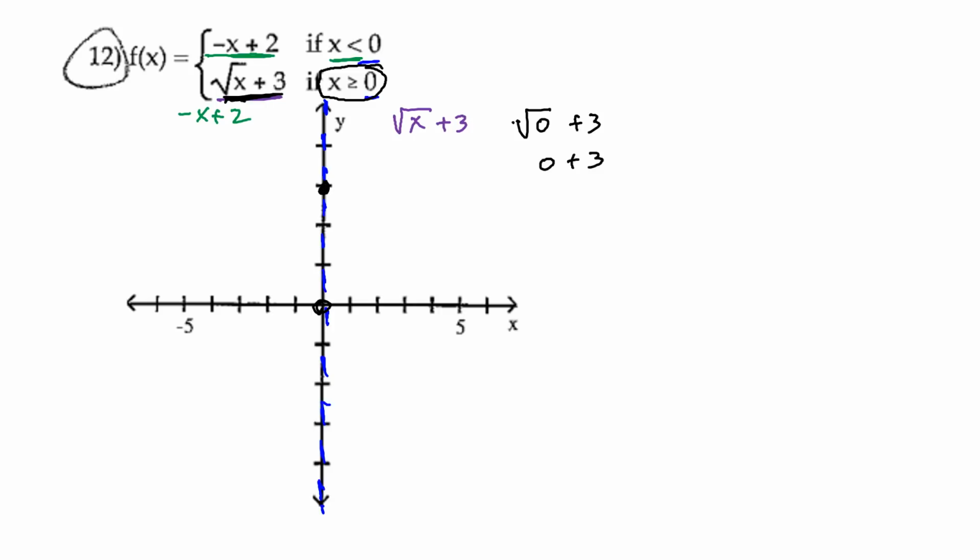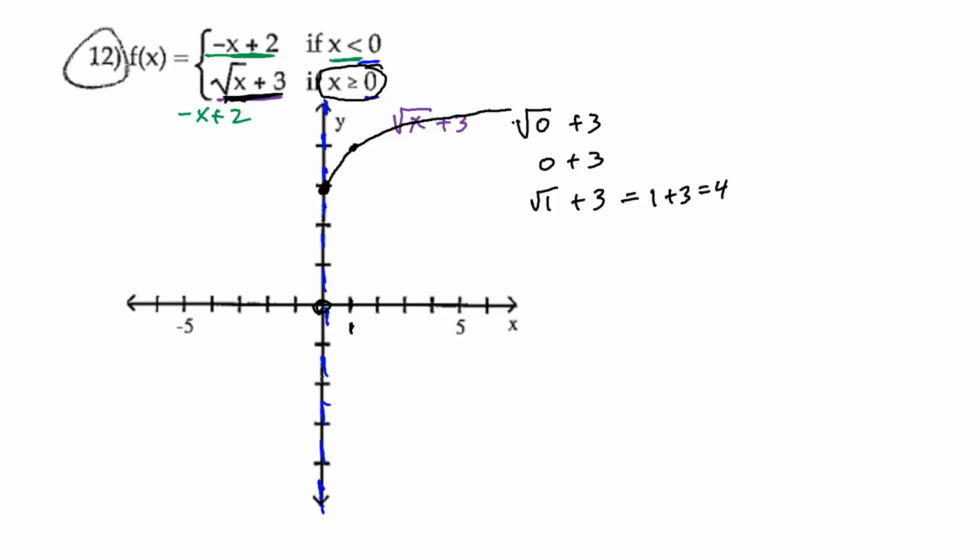If we put a 1 in, square root of 1 plus 3 is the same as 1 plus 3. So where x is 1, we end up with a y value of 4. If we keep substituting, we're going to end up with a curve that grows gradually like we have here.